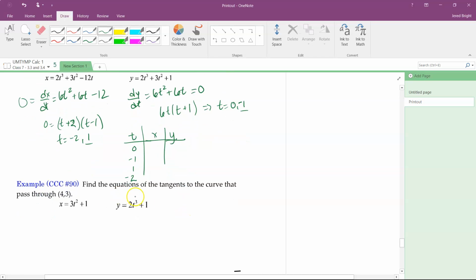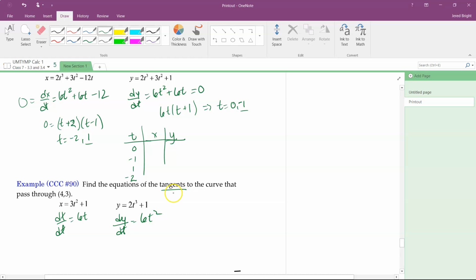Now if we want to find the equations of the tangents to the curve that pass through that, tangent lines, that's what we mean here. Looking at dx/dt, we get just 6t, and dy/dt is 6t squared.